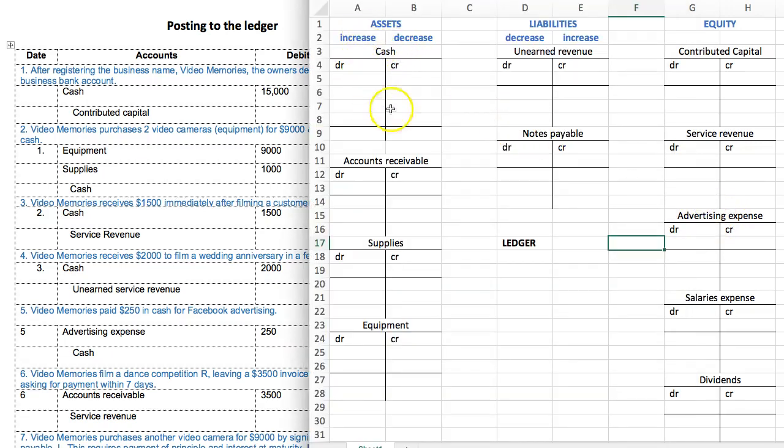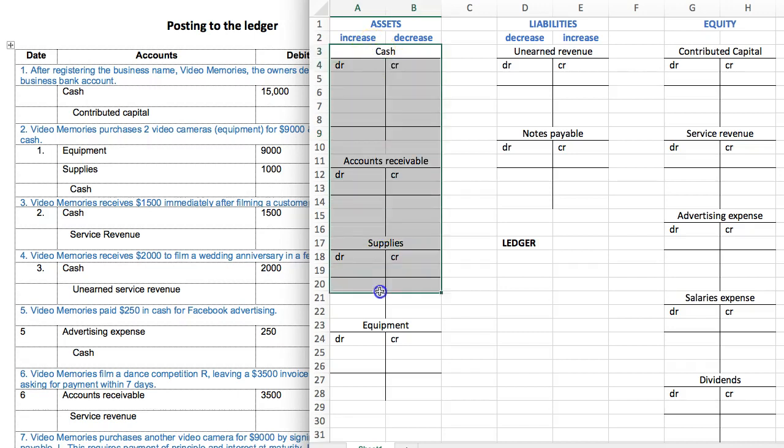The ledger will accumulate what happens in each account. So all the increases in cash will go here, all the decreases in cash will go here, and then we'll be able to see the ending balance. So the ledger and the journal have the same information, but it's shown differently to provide different information.